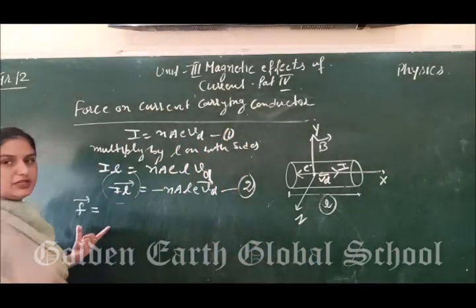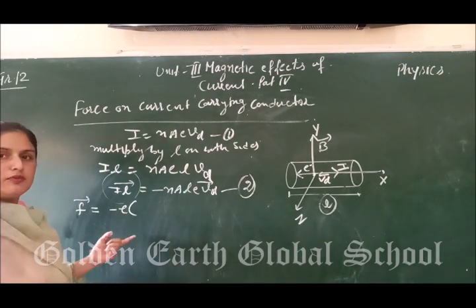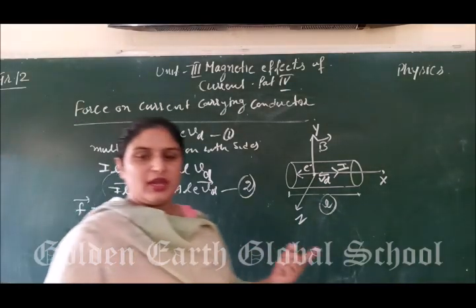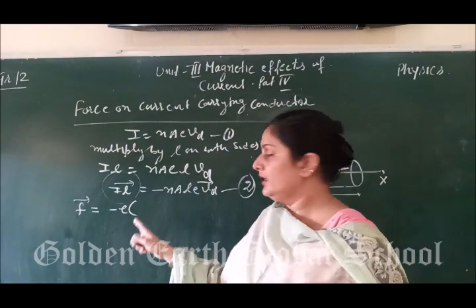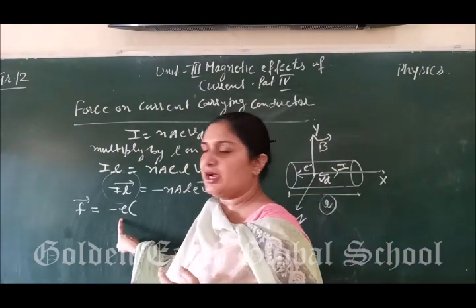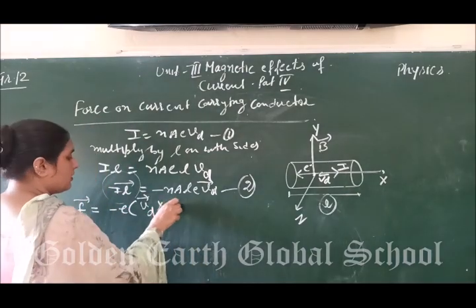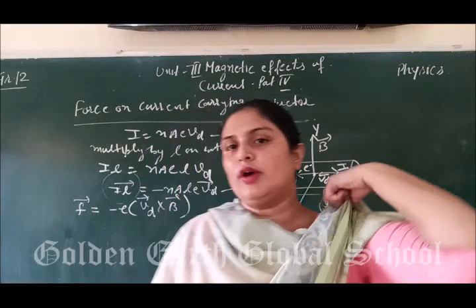The force is given by Q of V cross B. Now Q, the charge on the electron, is minus e, and velocity we represent with Vd, so f is minus e Vd cross B. This is the force experienced by one electron.